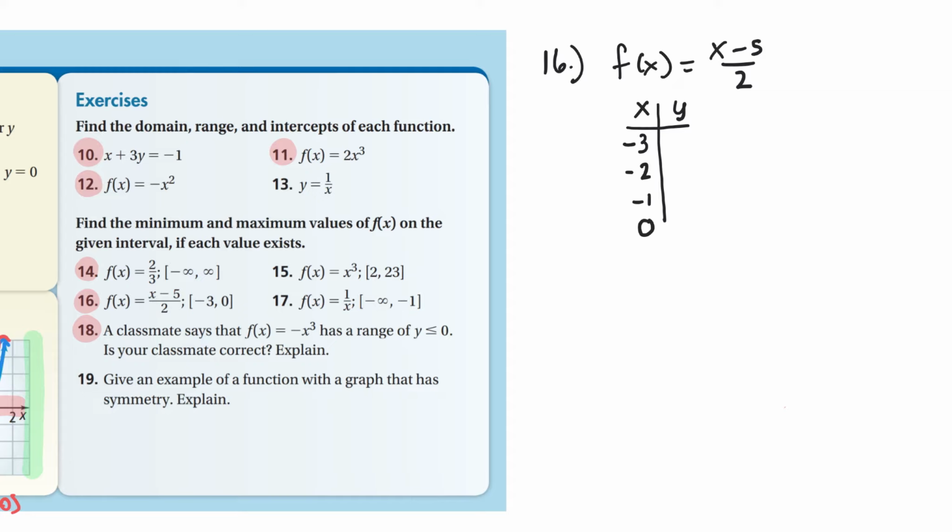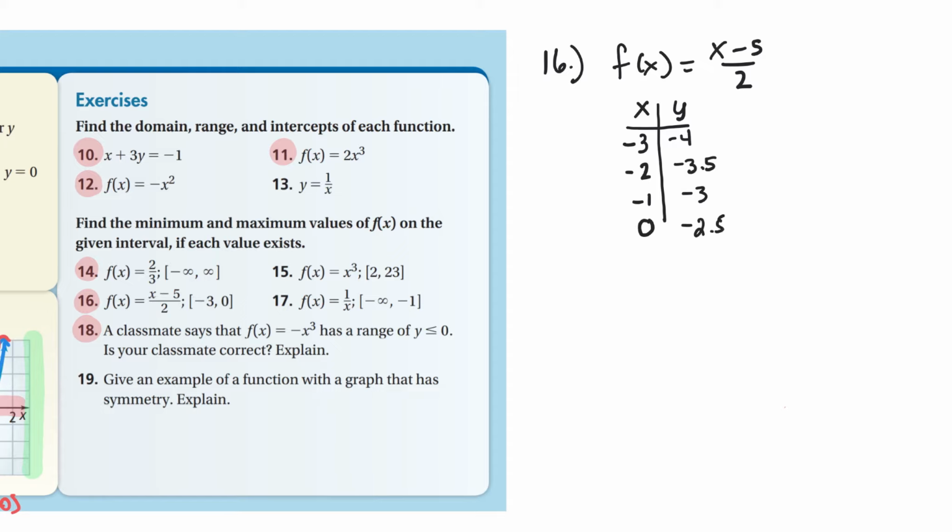At x equal -3, the output is -4. When x is equal to -2, the output is -3.5. When the input is -1, it's going to be -3. And then when it's 0, the output is -2.5.